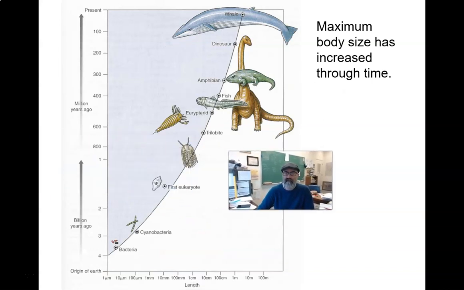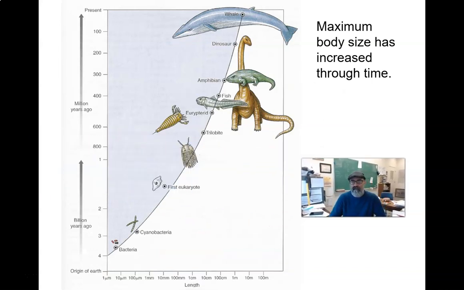So again, we have to be careful about saying that these are rules, but maybe a rule of thumb is this. If we go back to the first living thing, which actually occurred pretty quickly after the Earth was created, the bacteria were formed. They were and are very small.